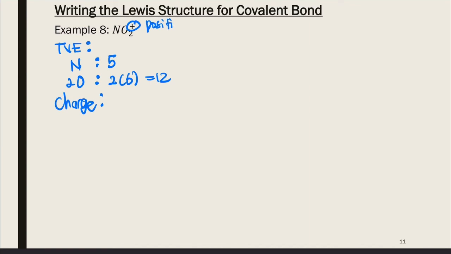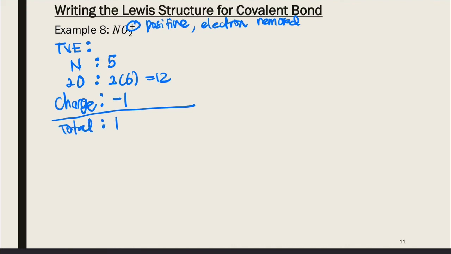Okay, jadi pada bahagian kiraan total valence electron, sebab electron is being removed, so dia akan jadi -1. The charge will be -1. So the total valence electron for this ion will be 16 electron.